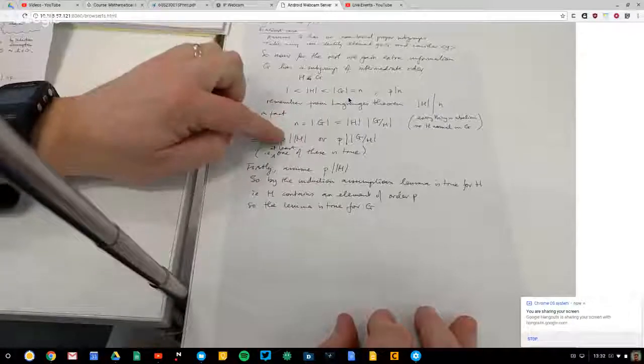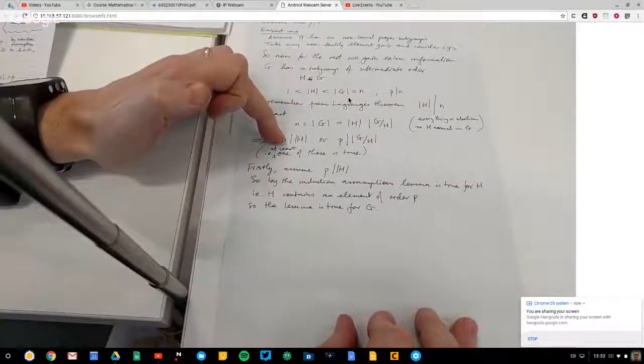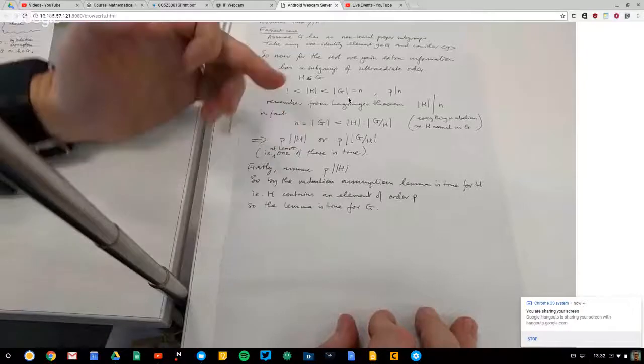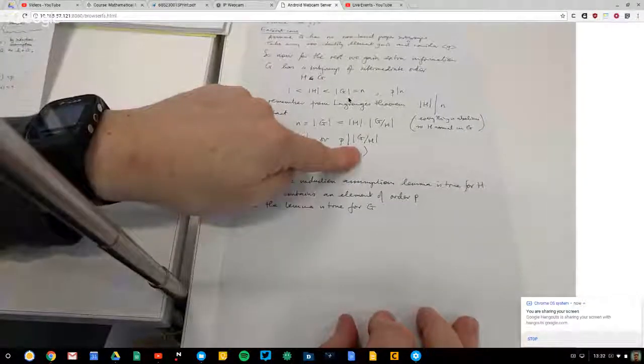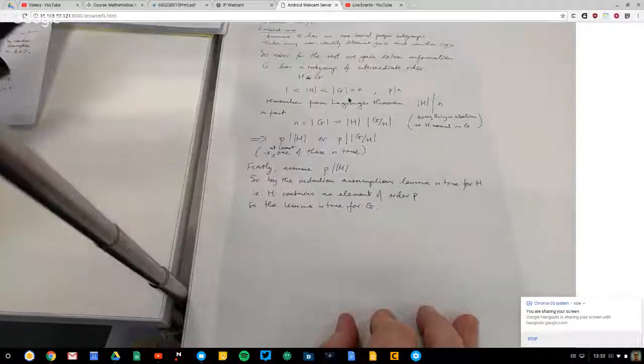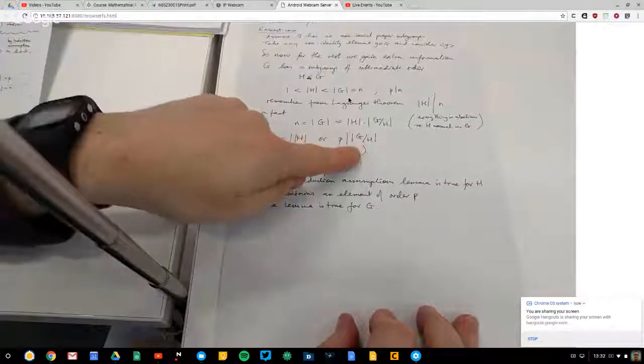But it isn't necessarily the case that p divides the size of H. Could be. But if it isn't, we know it must be this one. So now we can build another argument, but armed with this.